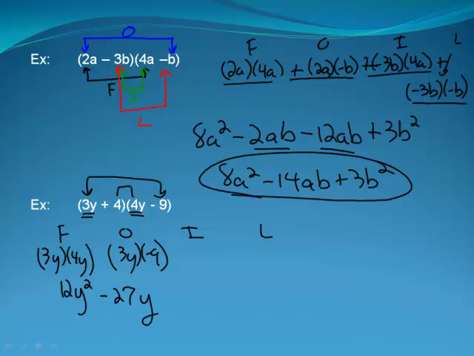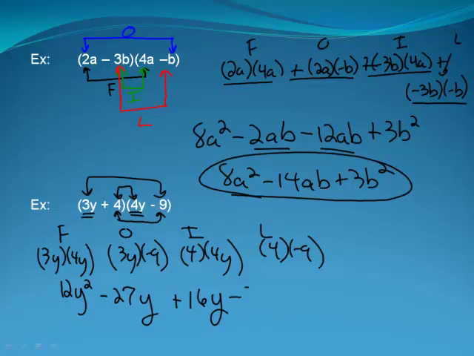Inner product will be the inner two terms, so that's a positive 4 times a positive 4y. 4 times 4 is plus 16, and then the y is attached. And last two, I've got a positive 4 times a minus 9, which is a negative 36.